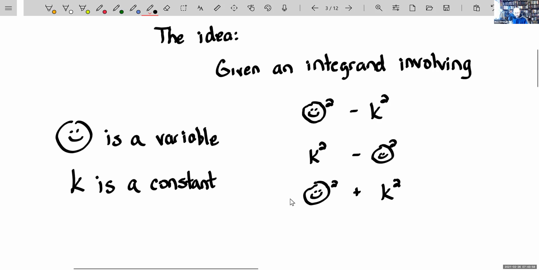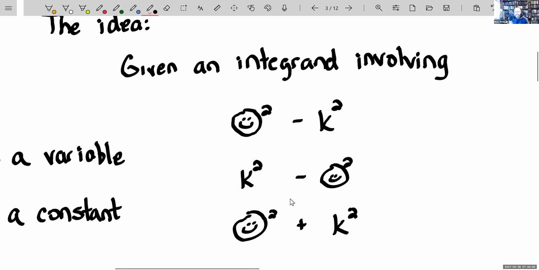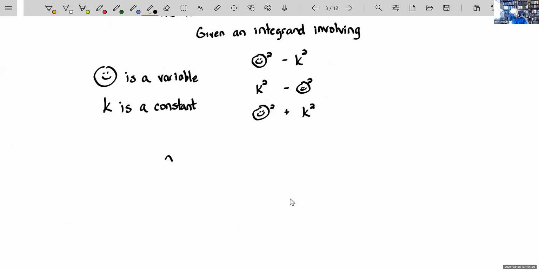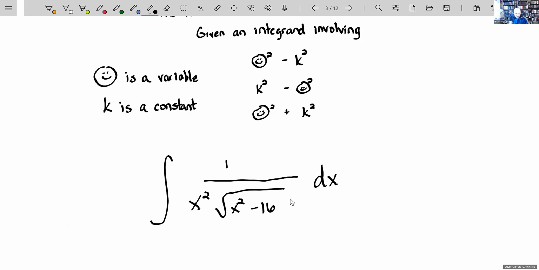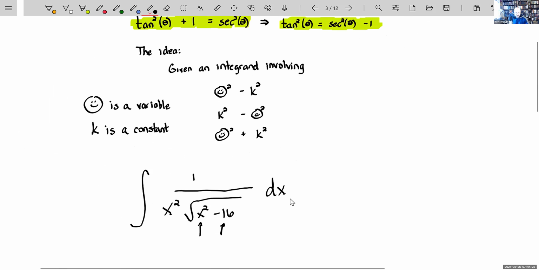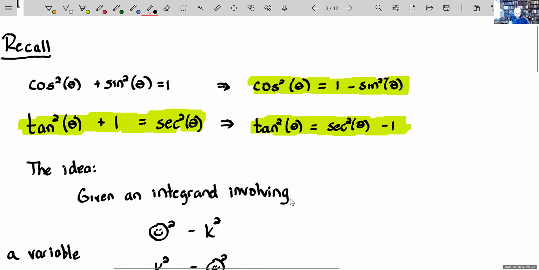Okay, so imagine somebody comes in the room and they say, I've got this integral. And let's just pretend the integral is 1 over x squared times the square root of x squared minus 16. Notice that difference of squares right here. It's a variable squared minus some number squared. Now think about those 3 trig identities that I highlighted.